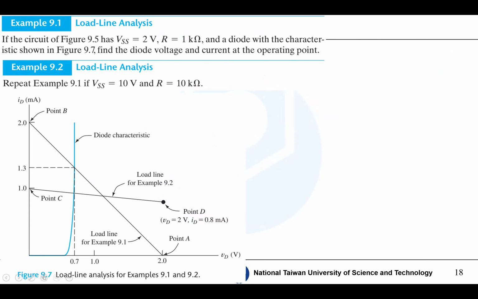Okay, and then we have two examples, so I can show you how to solve it. If the circuit of figure 9.5 has, well, this is figure 9.7, the same figure, VSS equals 2 volts, R equals 1K ohm, and a diode with the characteristic shown in figure 9.7, find the diode voltage and current at the operating point.